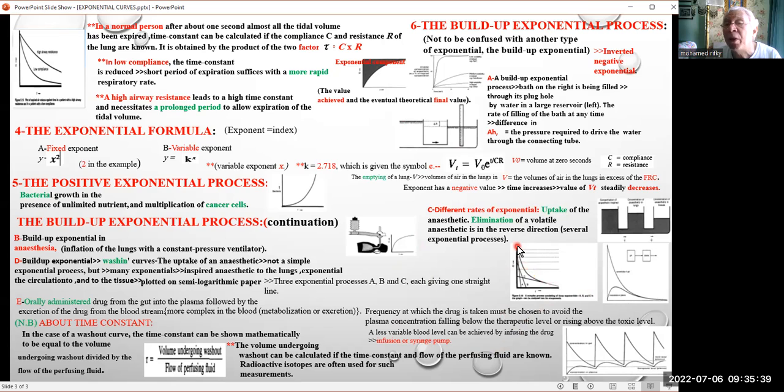This is the normal exponential curve, and then we can analyze this exponential curve into 3 components, A, B, C, because we know that this exponential is affected by multiple factors. You see, the drug is being taken off by circulation and so forth. So it is not a simple exponential, but a multiple exponential process.